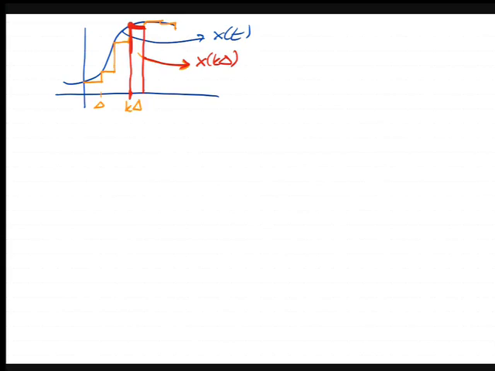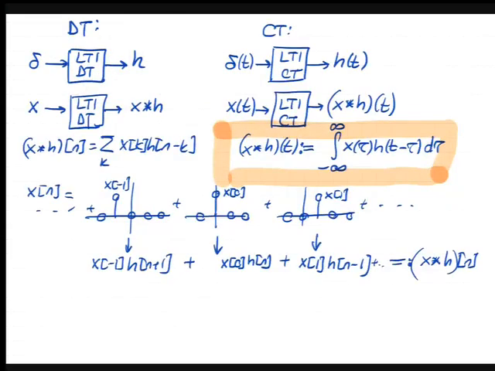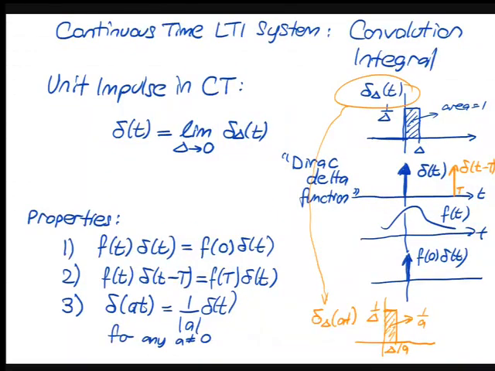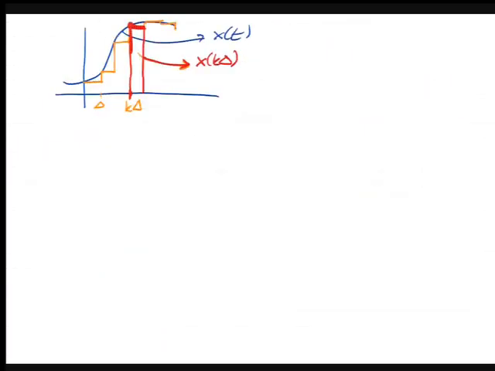Going back to our definition of this delta sub big delta, how can I write this bar here? It didn't come at time 0, but I should be able to write it in terms of this delta sub delta, right? How would you write it? It's t minus k delta, right? So basically this much of the function I can write in this form.